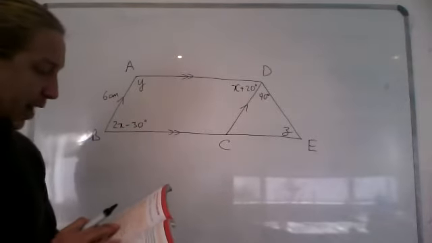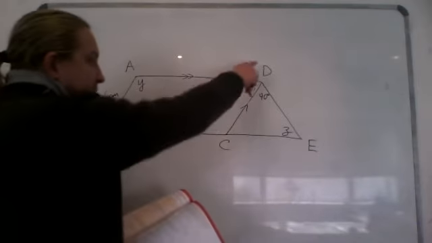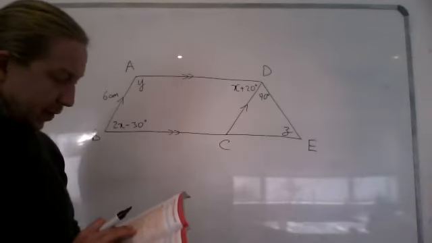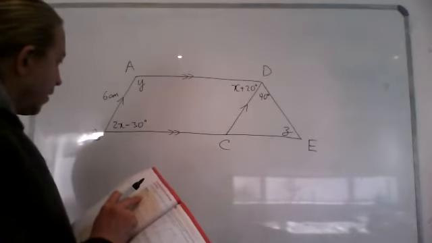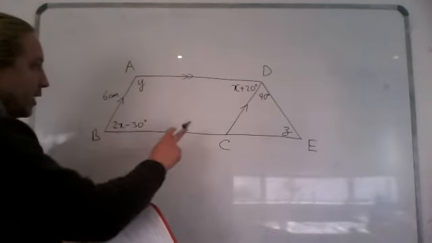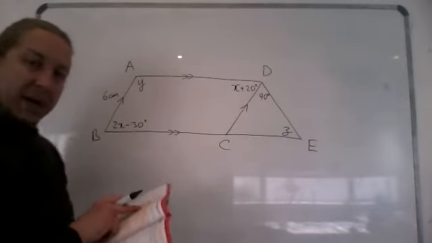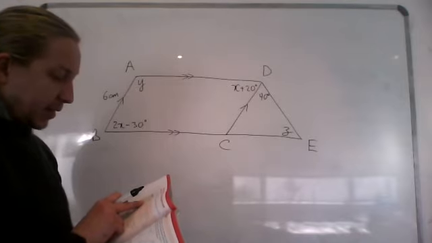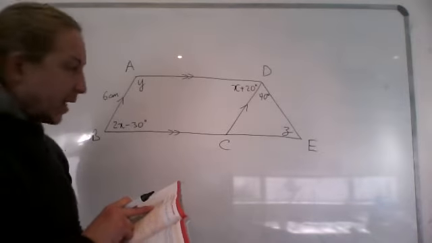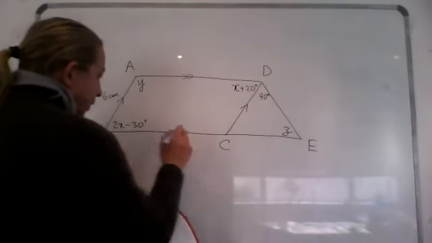Right, let's continue. AB is 6 centimeters, there it is. Well, that makes DC also 6 centimeters. BC is twice AB. So if our AB is 6 centimeters, then BC is twice that, so BC is going to be 12 centimeters.